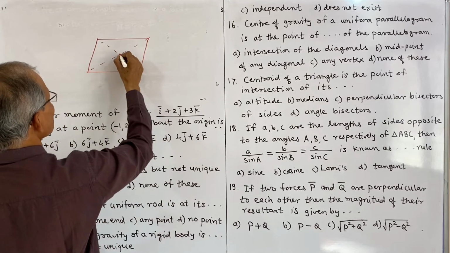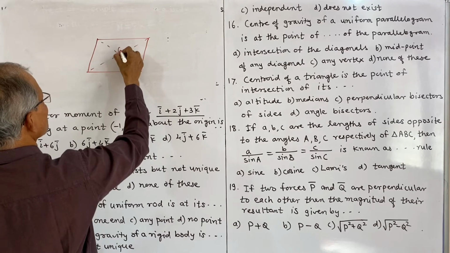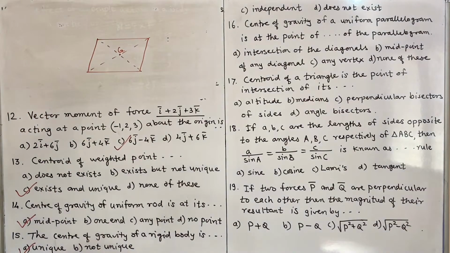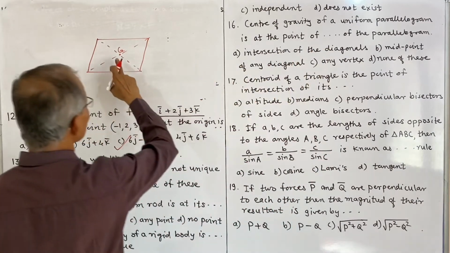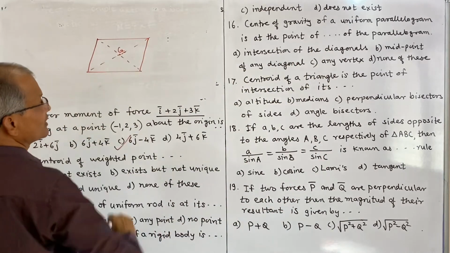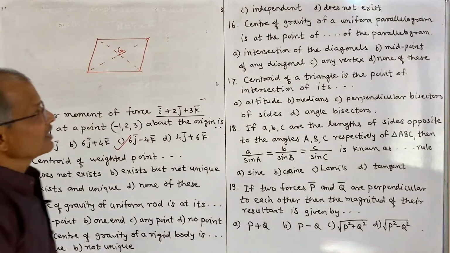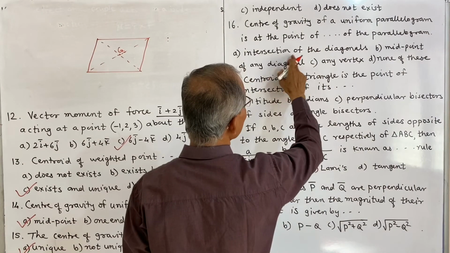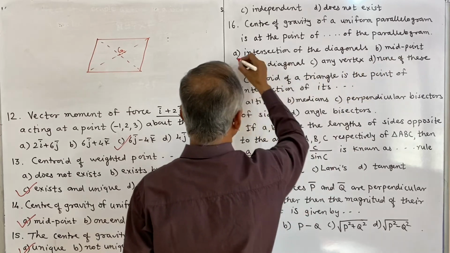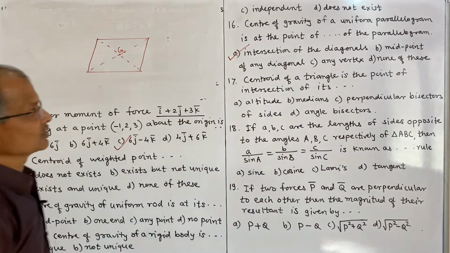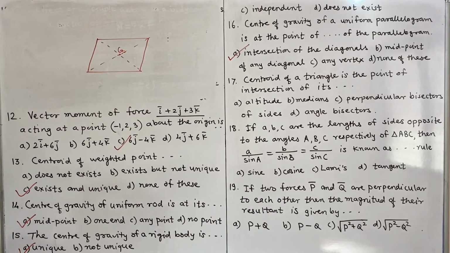So here will be the center of gravity, not the midpoint but the intersection point of diagonals. It is not any vertex, and therefore the intersection of the diagonals is the correct alternative.